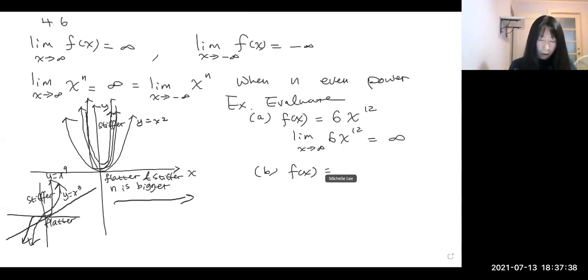Then if we have 3x to the 13, what's the limit as x approaches negative infinity?